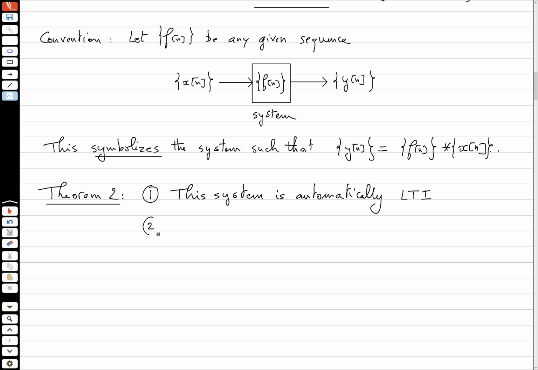And second part, its impulse response is automatically equal to f of n.